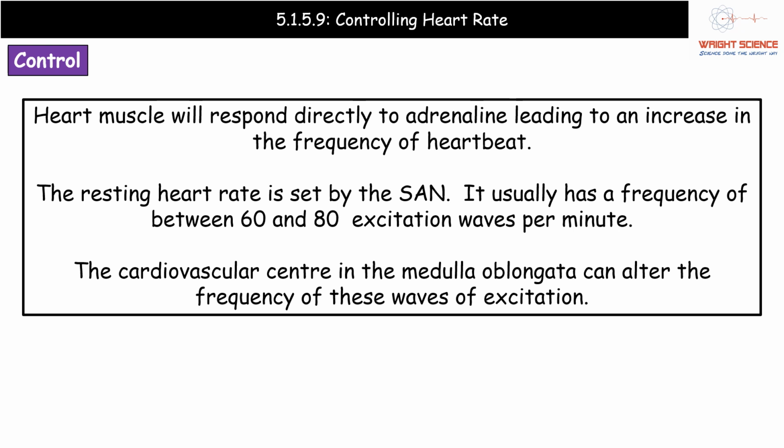So we've got in our brain the cardiovascular center located in the medulla oblongata, and that is able to alter the frequency of these waves of excitation. So obviously we've got adrenaline being able to directly affect the rate at which the heart is contracting, and we've got involvement of our brain, through the medulla oblongata, utilizing that cardiovascular center to change the frequency of those waves as well.